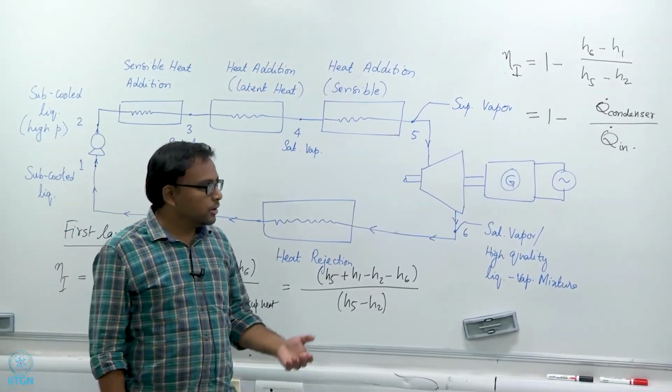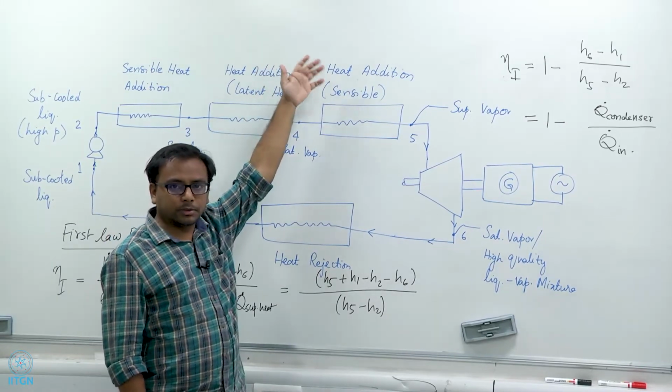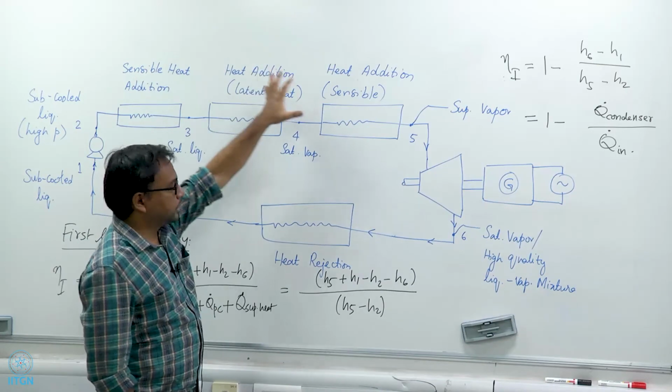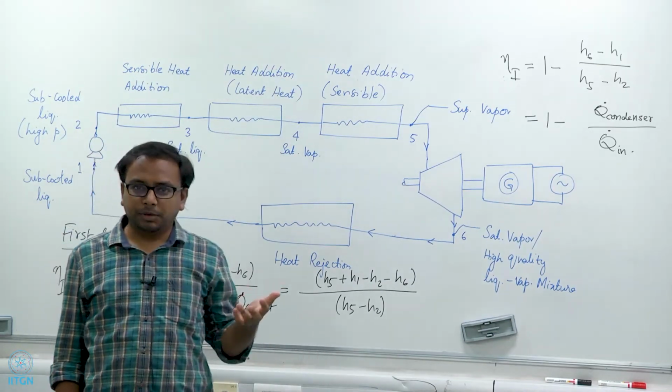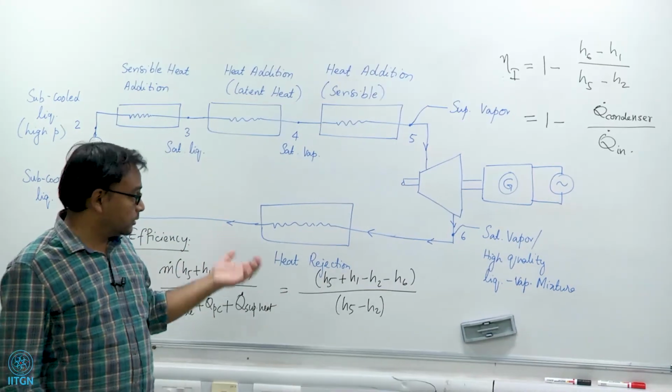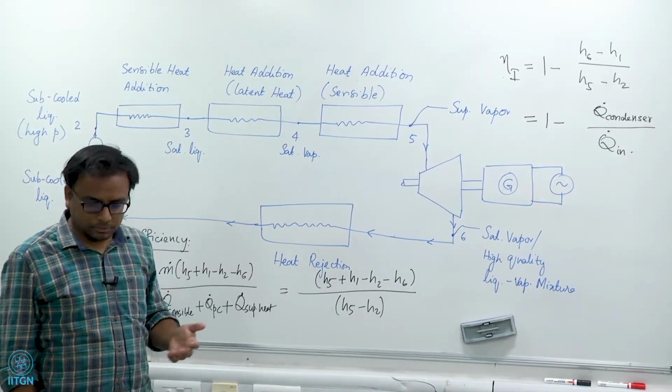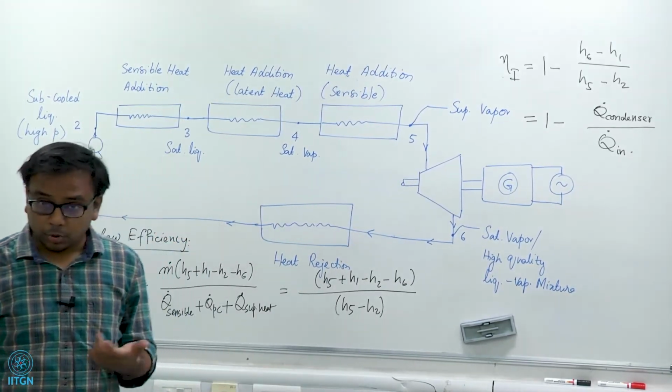It means that most of the heat that you are supplying through the heater, the boiler and all that, most of that heat is being rejected to the surroundings. Obviously, we can do better, and we should do better.